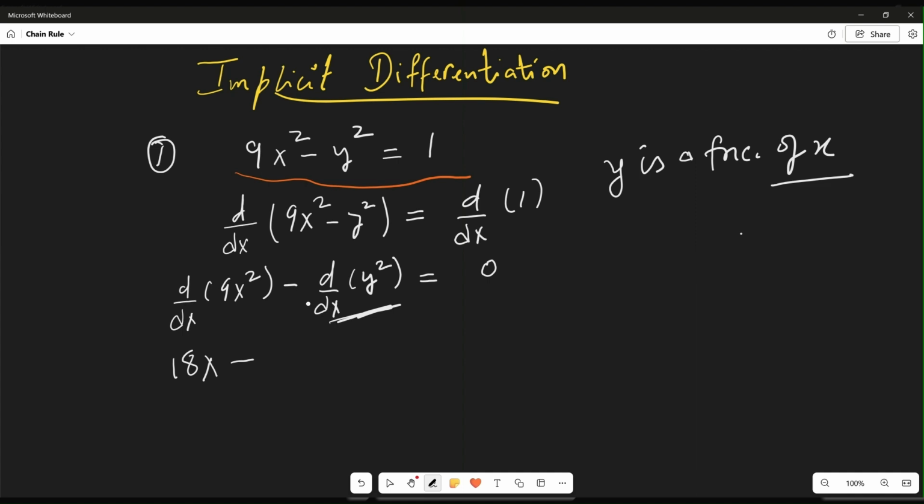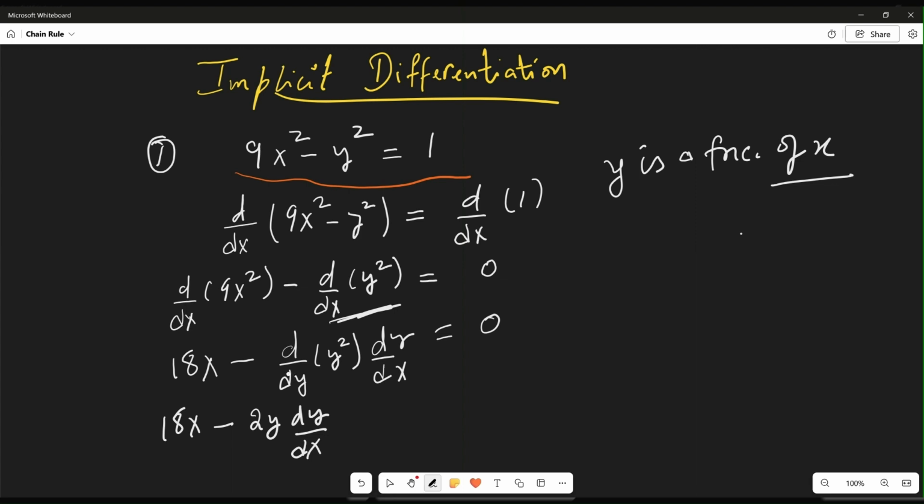For example, like you've been doing so far, you're taking the derivative of 9x squared with respect to x, and then you have to take the derivative of y, because y is a function of x. So what you have is 18x minus the derivative of y squared, which is 2y dy dx.